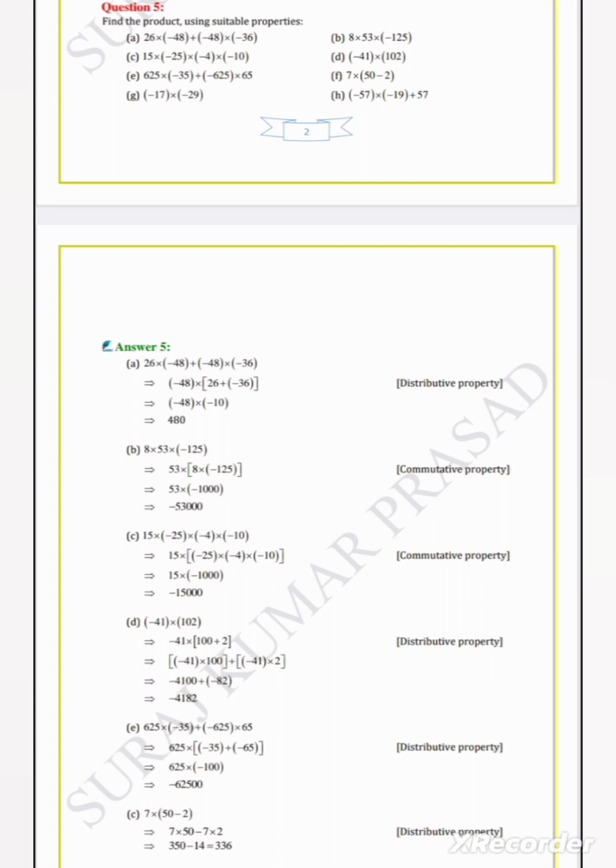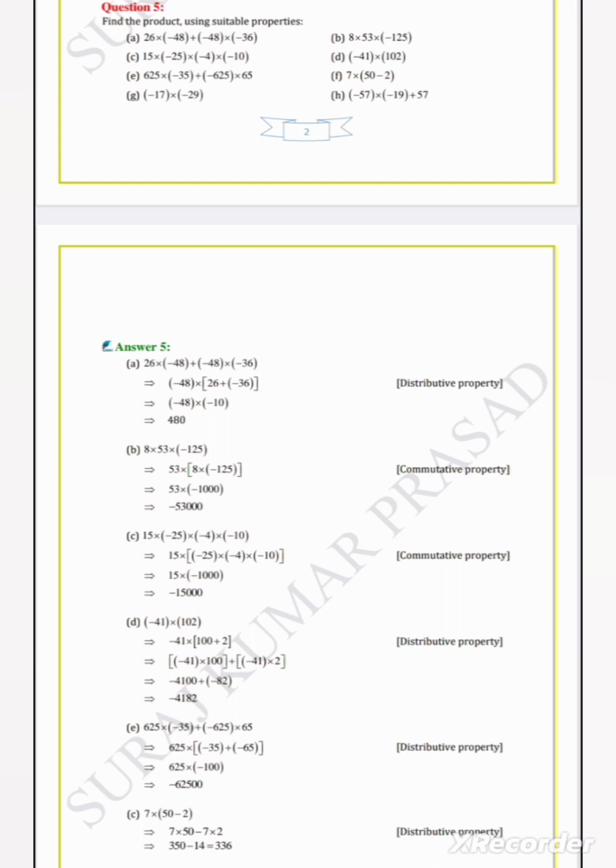D. Minus 41 into 102. Here the distributive property is suitable. Let minus 41 be common, and 102 is also written as 100 plus 2. Minus 41 should be multiplied by both 100 and 2.